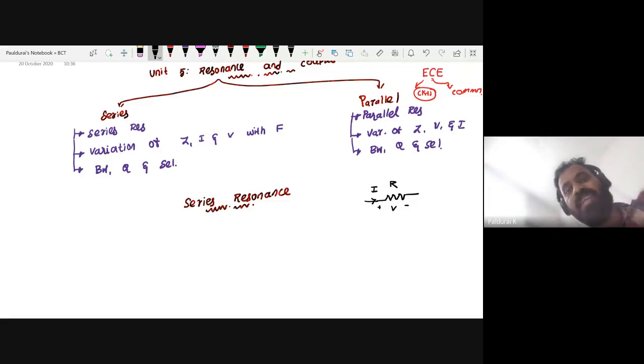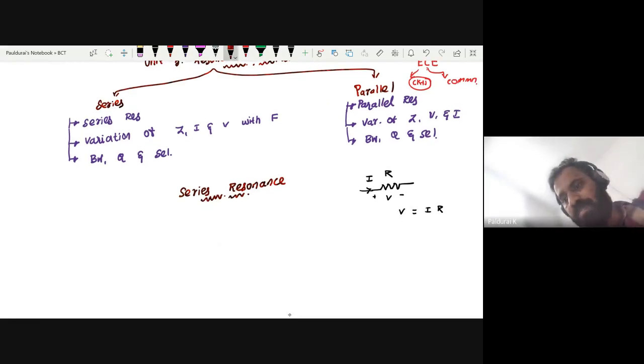V equal to I times R, right? Both are in phase or out of phase? Anyone? Please answer. Current and voltage are in phase or otherwise out of phase.